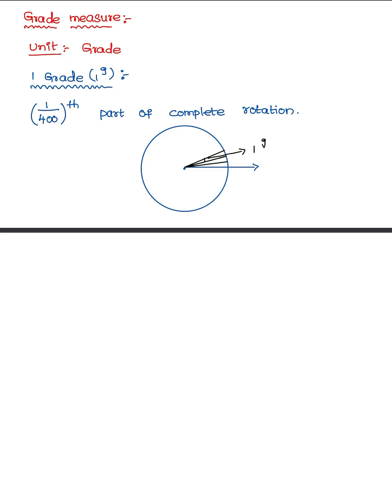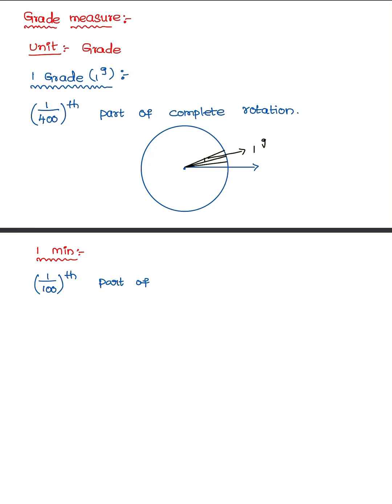In the same way, what is 1 minute in this case? There we took 1 minute as 1 by 60th part, but in this case, 1 minute is 1 by 100th part of 1 grade.